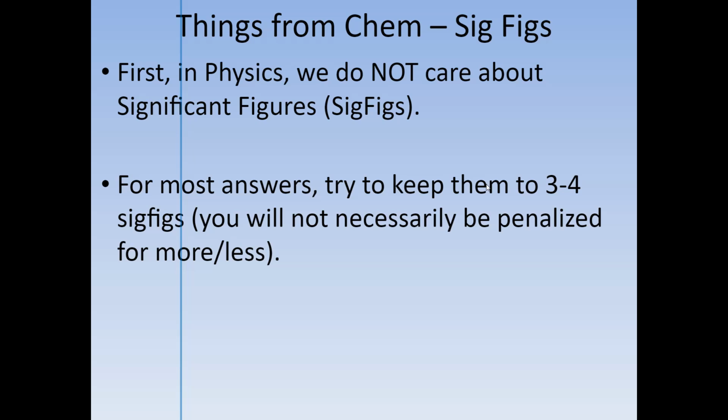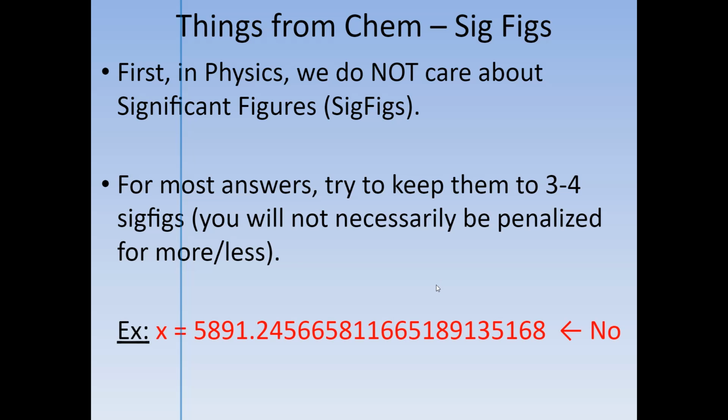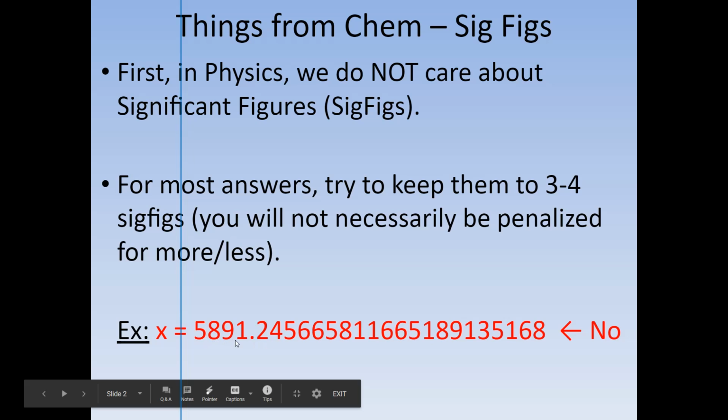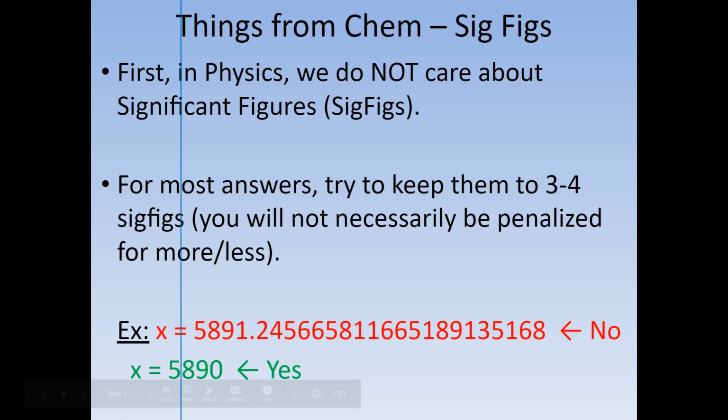I know I just said that we don't care about it, but the reason I say this is because if you round your number too much, then it runs the risk of you being off. So you won't be penalized if you have it to 2 sig figs or 5 sig figs. Typically, you'll only be penalized if you have unnecessarily too many sig figs, like if you have this number 5891 point blah blah blah. Yeah, you might lose points on that. Instead, you'd want to round it to something like 5,890.